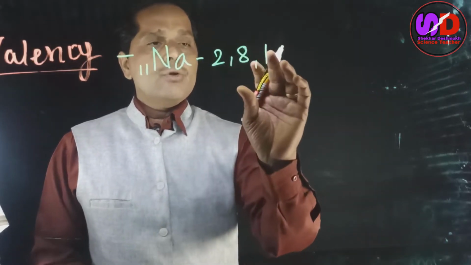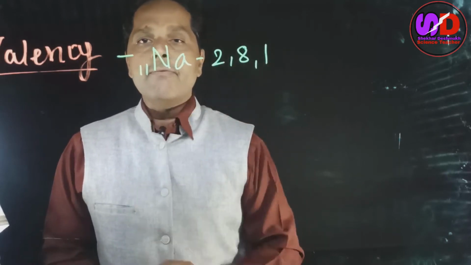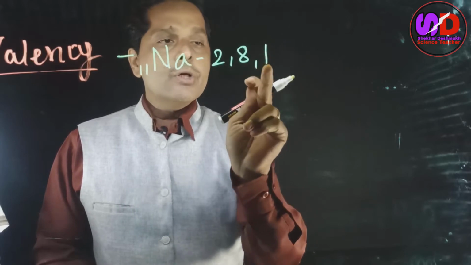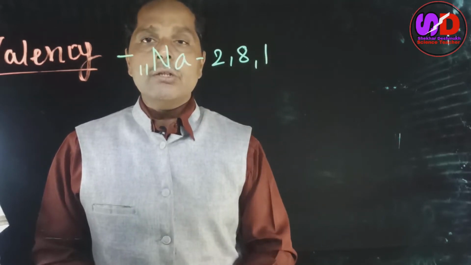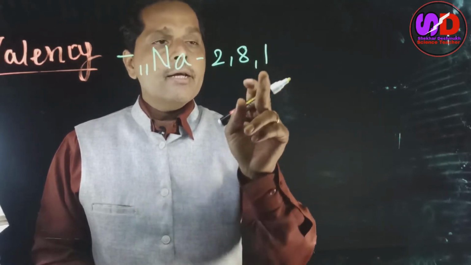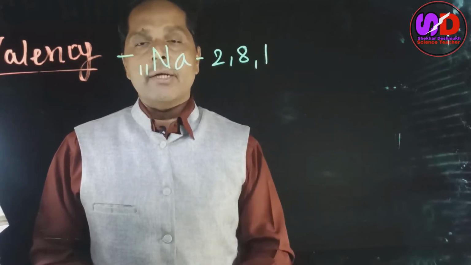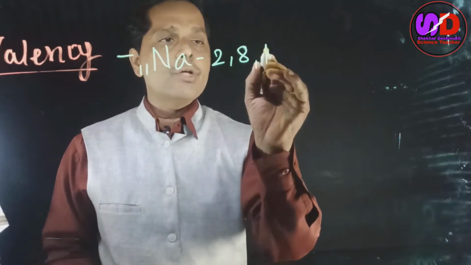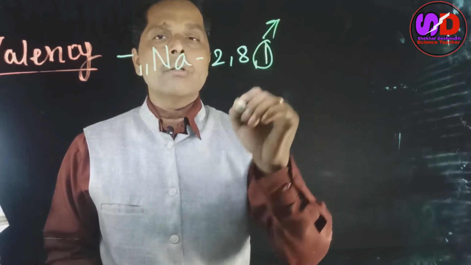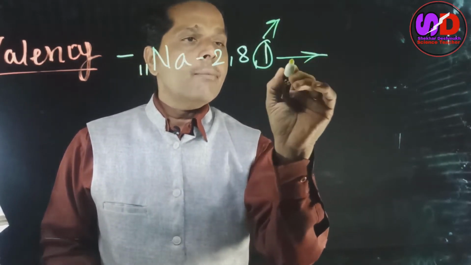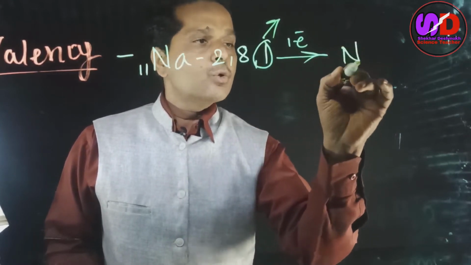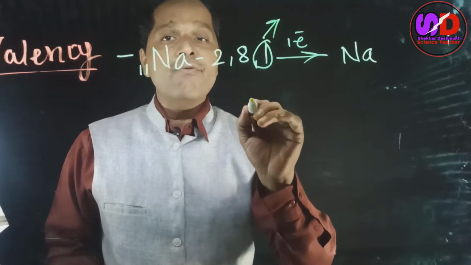So you just ask question to yourself whether it is easy to take 7 electrons or to give 1 electron. Definitely, it is easy for sodium to give up this electron. So sodium gives 1 electron and sodium ion is formed.